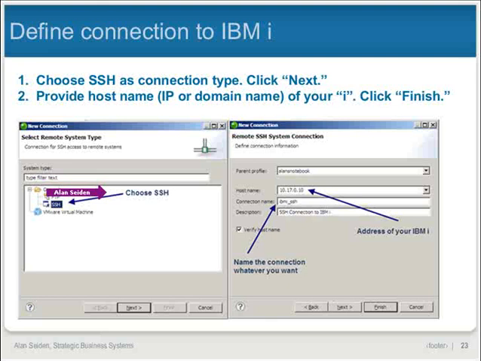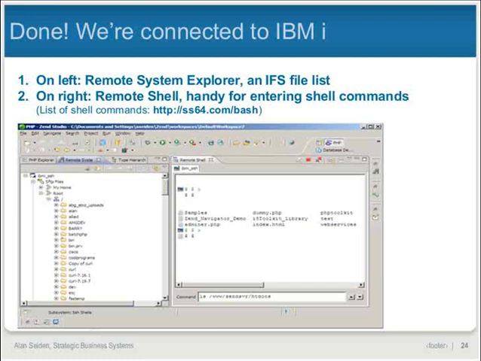You'll be given a choice there. And on the right side, type the host name you want to connect to, which is your i. You give it a connection name, which here I called IBM i_SSH, but it could be anything. And then you give a description for it. And that's it to create the connection.